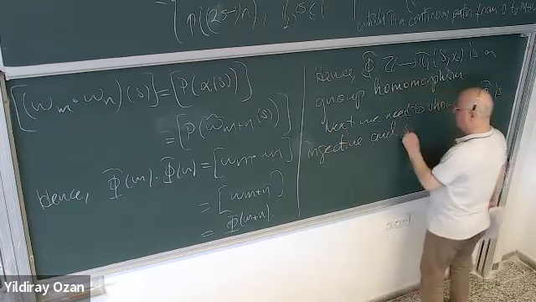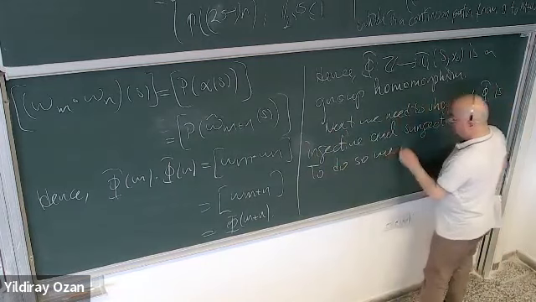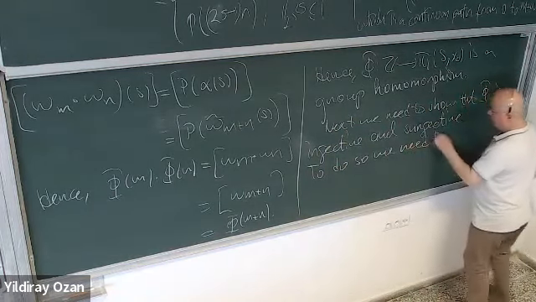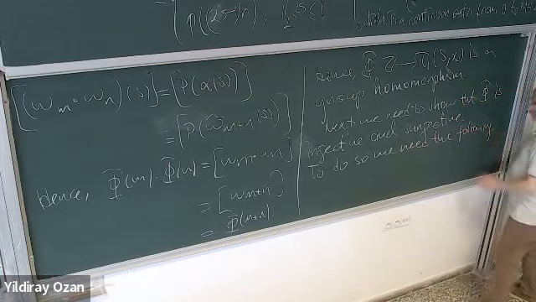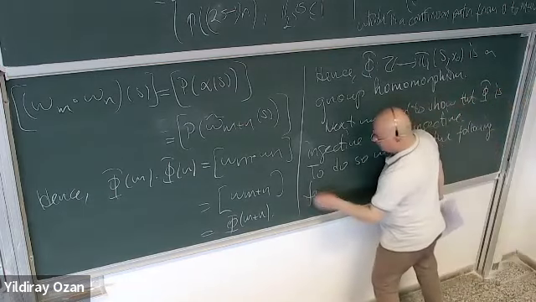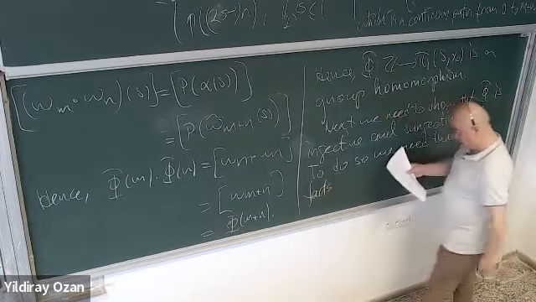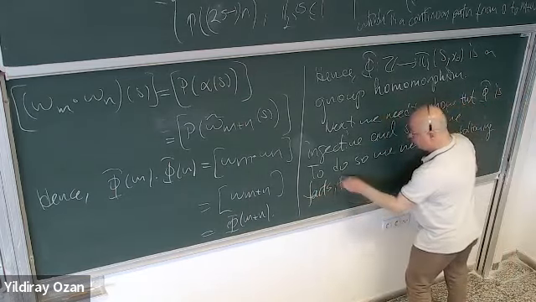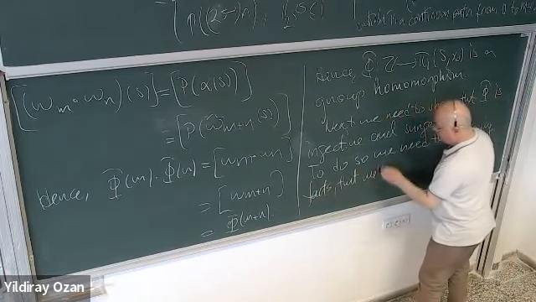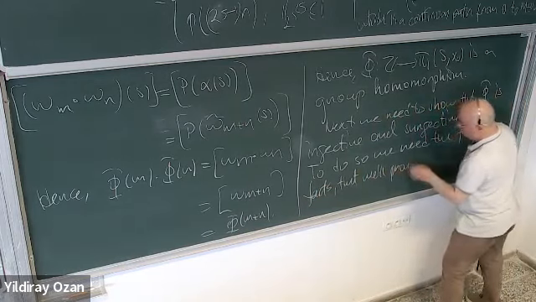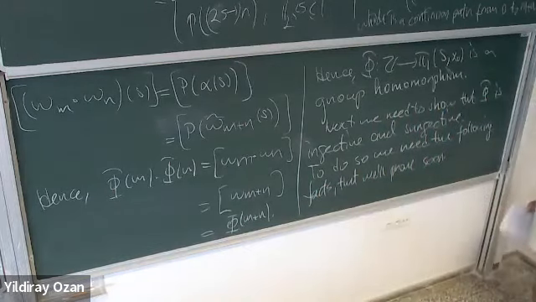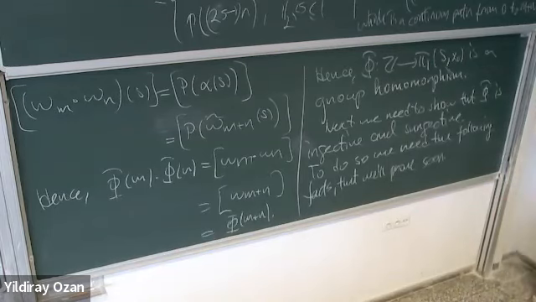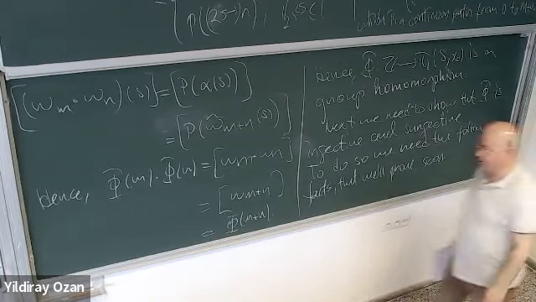Okay, now to do so, we need the following facts that we will prove soon. But let me first write down these facts. You know, what are they? The first fact is the following.